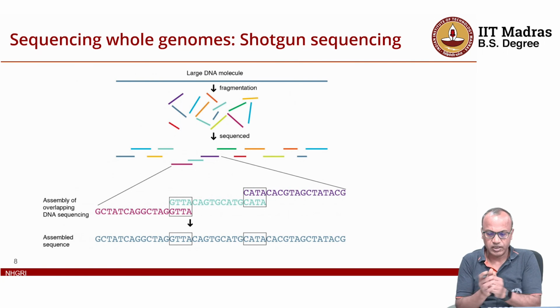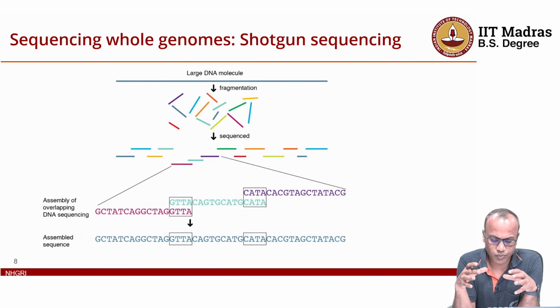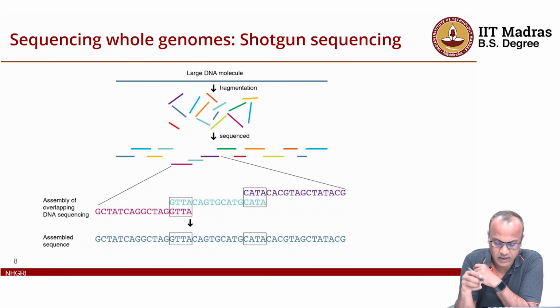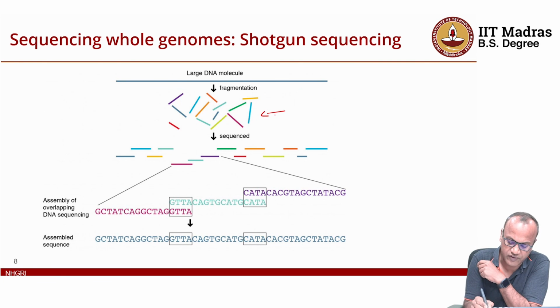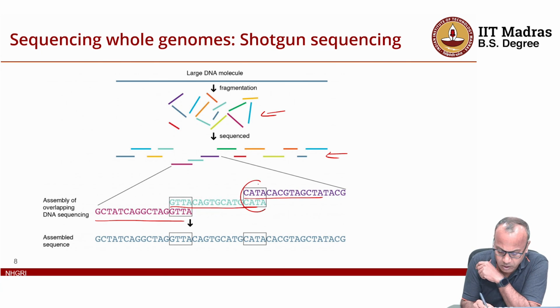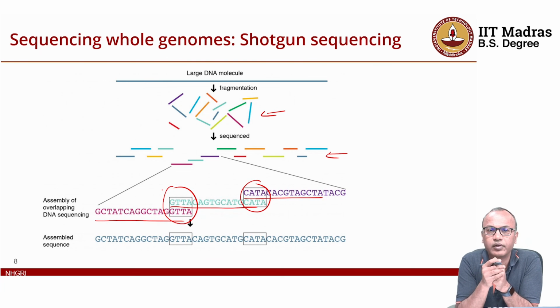So essentially, the method of sequencing a large amount of DNA is to take that large DNA, fragment it, sequence it, and then join them by looking for overlapping sequences. All right.